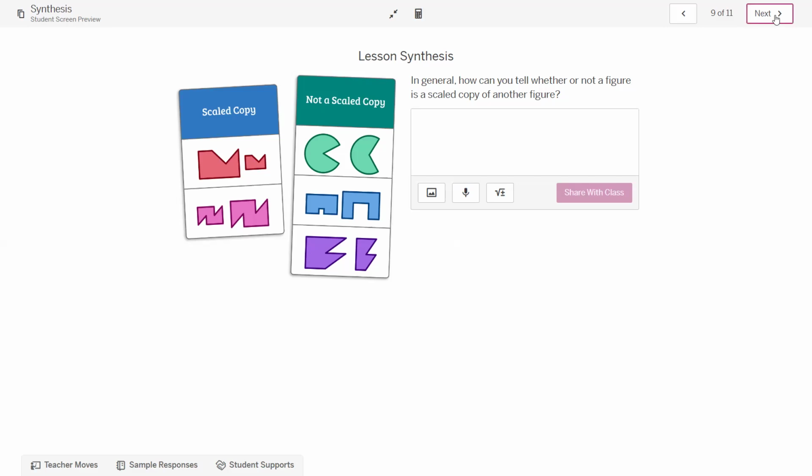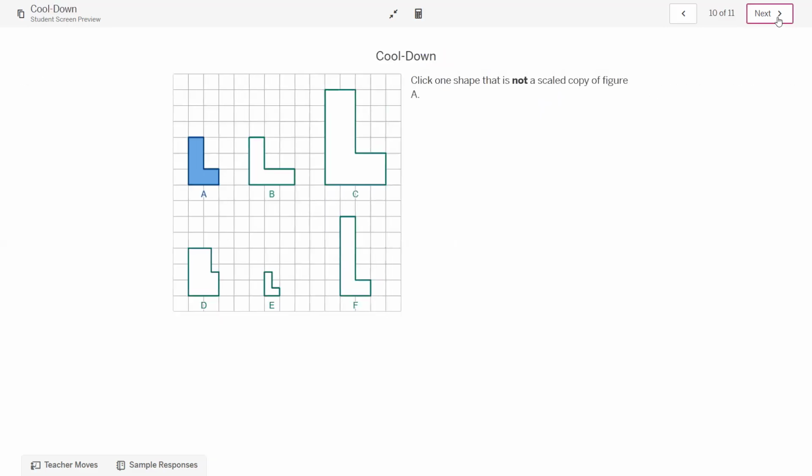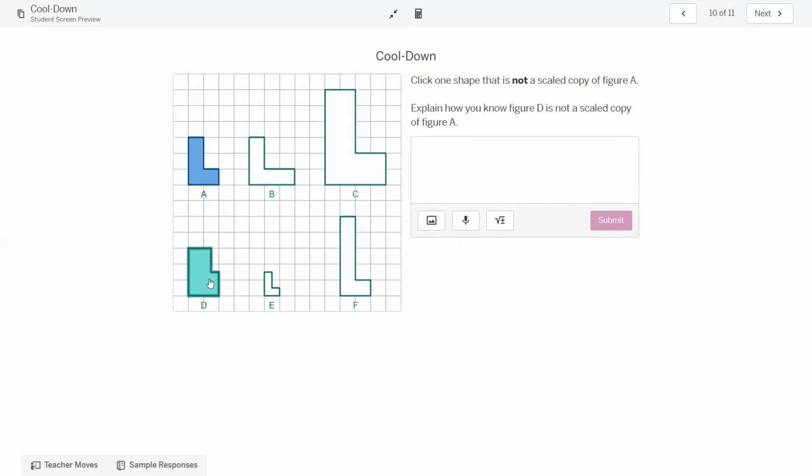And let's go to number 10 for our cool down. Click one shape that is not a scale copy of figure A. Where's figure A? Figure A is right there. Okay, so which one's not a scale copy? Let's see. I bet this one's not a scale copy. I bet this one's not a scale copy, right? Well, let's check. Think about it.